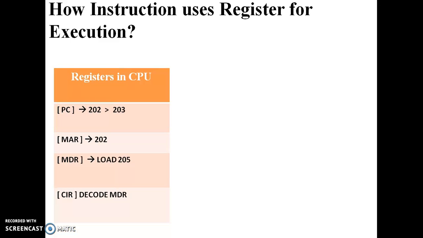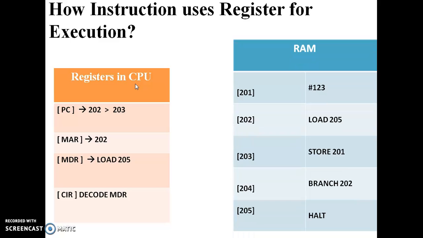Now this is the simulation that I'll be showing you of how the data is stored into the registers. So, as I've told you, PC, MAR, MDR are the registers that are in the CPU. Now these are the memory locations. If you see 200, 201, 202, 203, all these are the memory locations of the main memory, or we can say RAM.